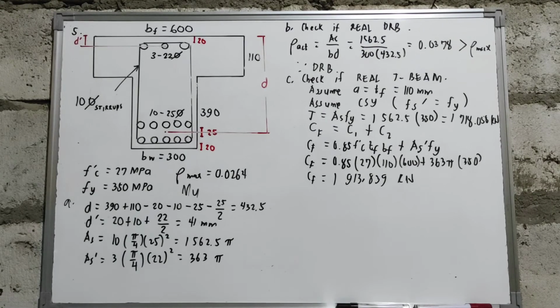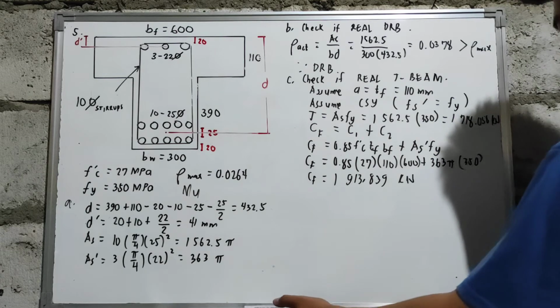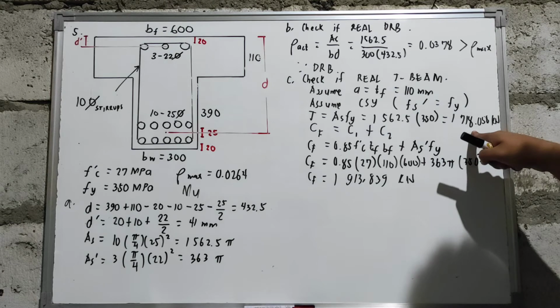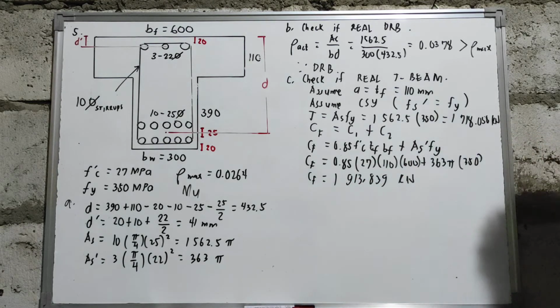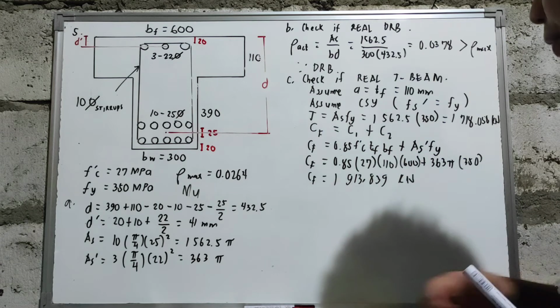So the goal is kailangan mapag-balance natin yung tensile force at saka yung compressive force natin. So sir, paano po natin ile-lessen ngayon? Kasi yung co-tension natin 1.7, yung compressive force that is 1.9 ngayon. So dito ngayon, yung mangyayari is i-adjust natin yung area nung compressive force natin.